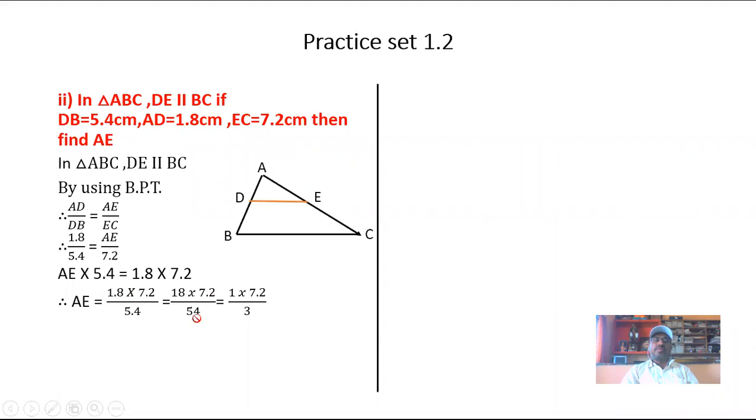Divide 18 and 54 by 18: 18 threes are 54. Then we get 1 into 7.2 upon 3, which is 7.2 divided by 3. Then we get 2.4. AE is equal to 2.4 centimeters.